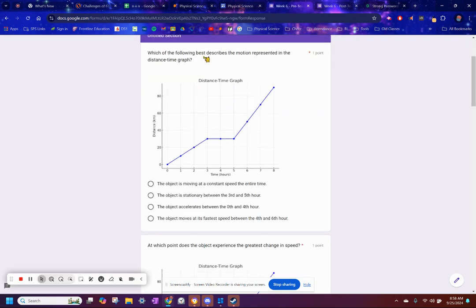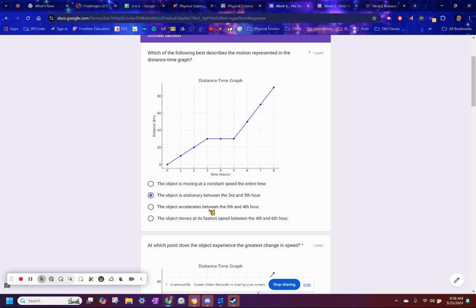All right. Which of the following best describes the motion represented in the time graph? So we've got some speed here, constant speed, and then we stop, and then we start moving again, a little faster now. So the object is moving at constant speed the entire time. No, it stopped right here. The object is stationary between hours 3 and 5. That is true.